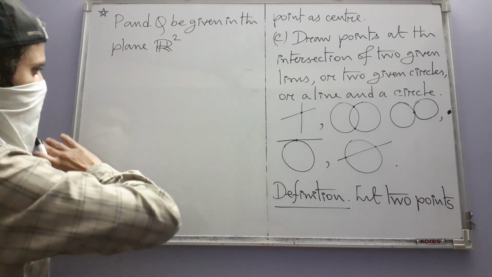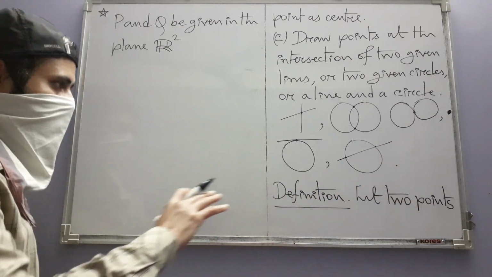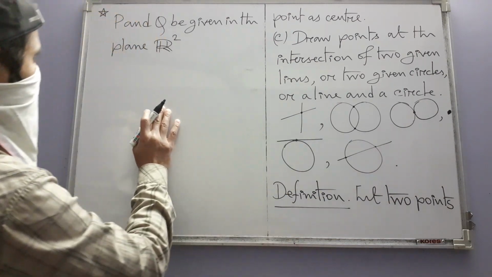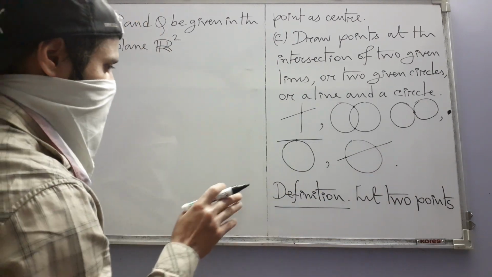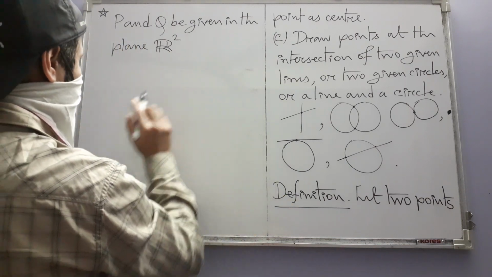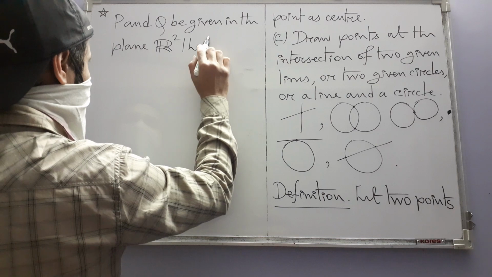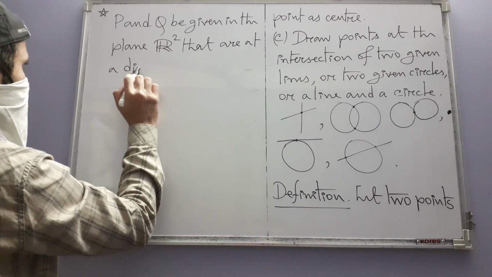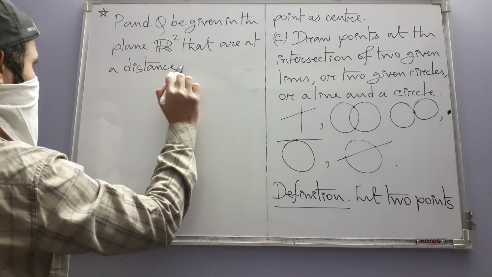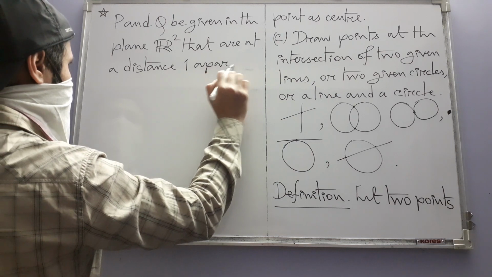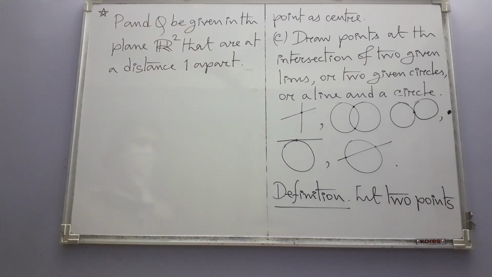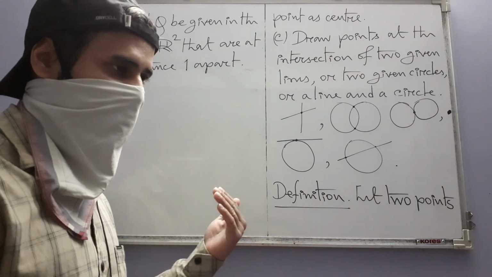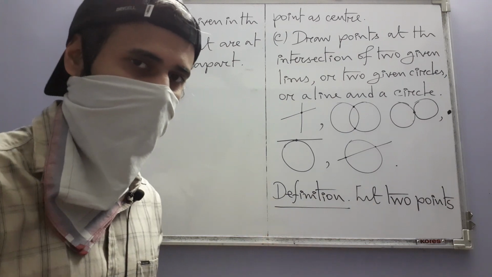I just simply write R2 to express the fact that we are in the Euclidean plane. So 2 points P and Q are given in the Euclidean plane that are at a distance one apart. Okay, so say these two things are given. There may be any points which are at a unit distance apart from each other.